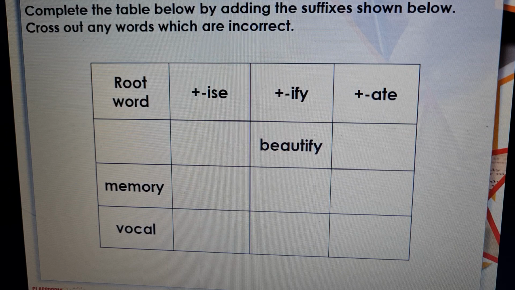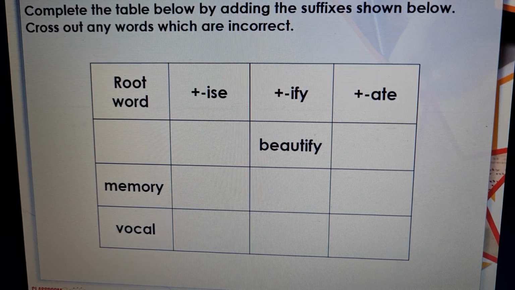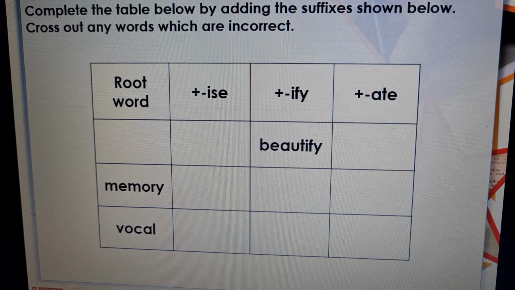What is the word if we add those three suffixes? Again, use a dictionary if you want to check. Some of them don't make sense. I'll give you a clue. Memory, memorate. There's no such word as memorate. So put a little cross in the box there.